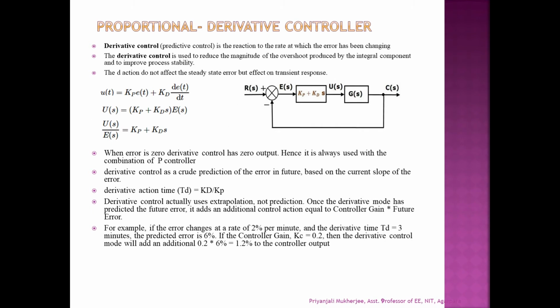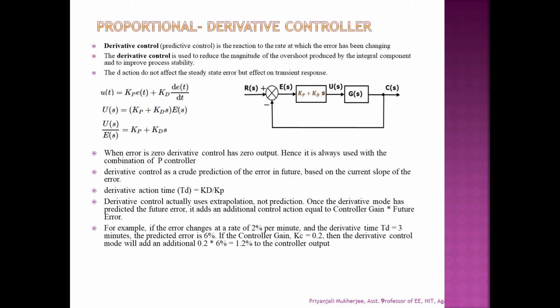Next is the proportional and derivative controller. And the derivative control, which is also known as the predictive control, because it can predict the error what will happen in the near future, because it uses extrapolation. And once the derivative mode has predicted the future error, it can add the additional control action which is equal to the controller gain into the future error.